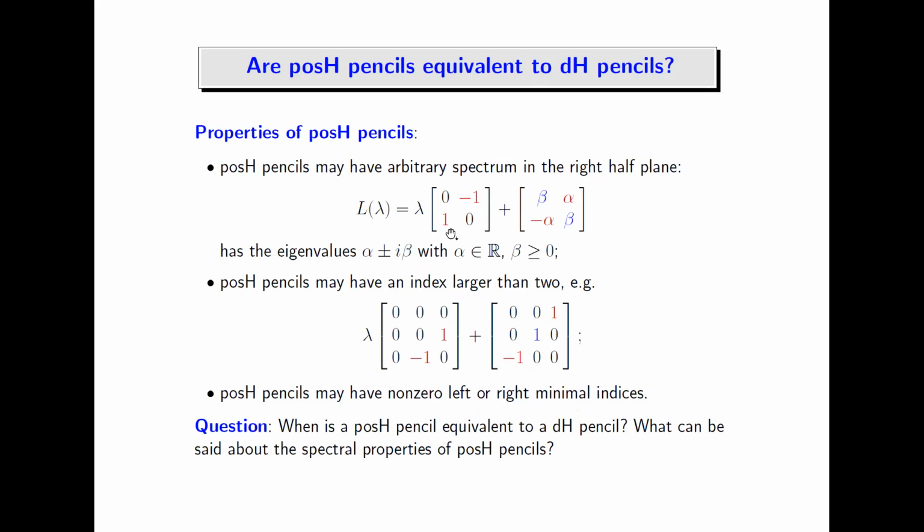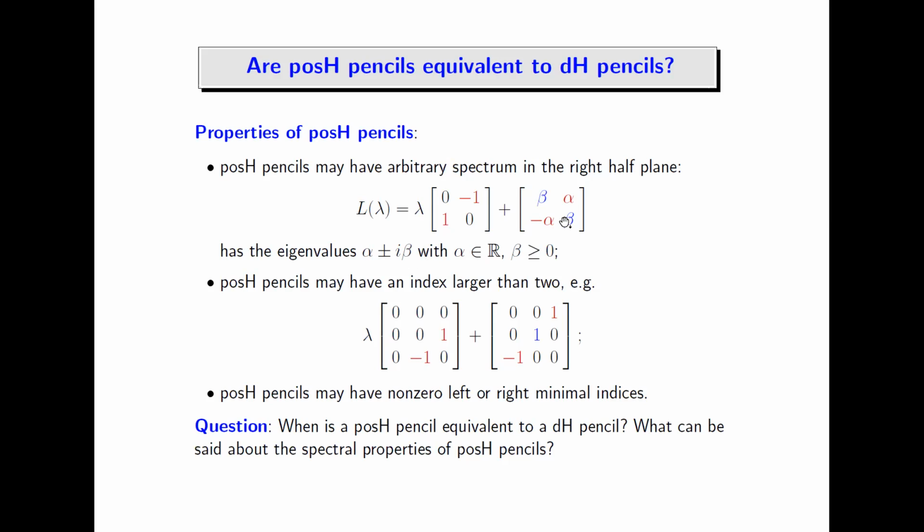Here is an example constructed taking B non-negative, then you get the eigenvalues alpha plus minus i times beta, which you can choose to be everywhere in the complex plane.